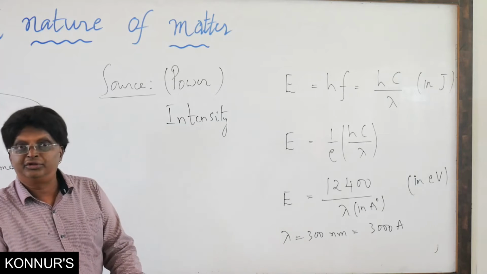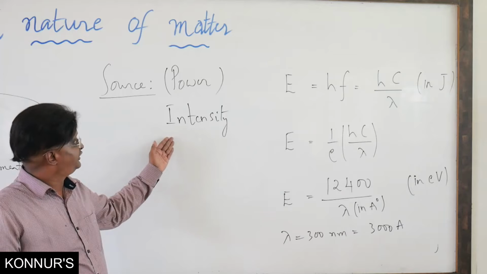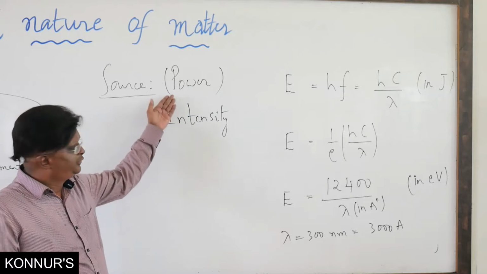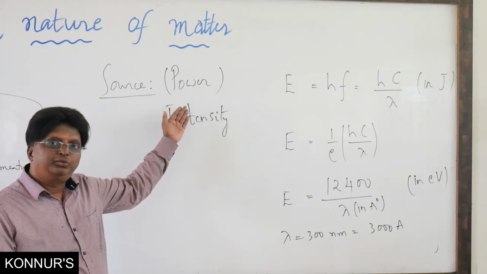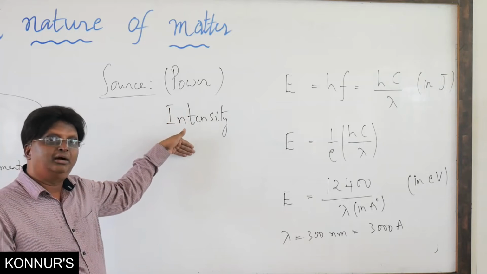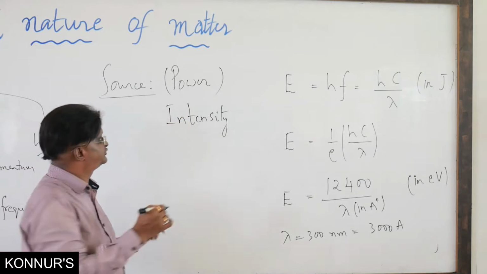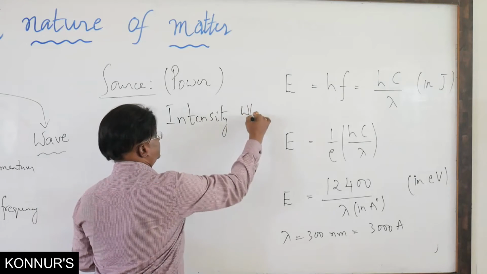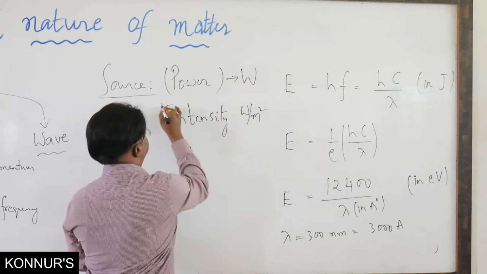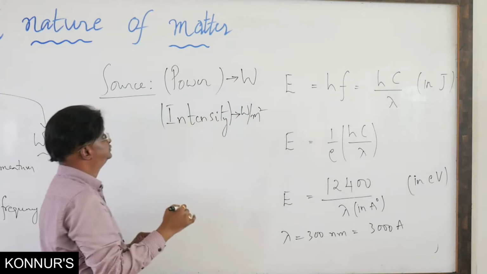Power in the units of watt, intensity in the units of watt per meter square. Remember what do we mean by power? Energy per unit time. What is intensity? Power per unit area, and therefore it is watt per meter square. Units are very important. Watt per meter square, and this power is always in watts.